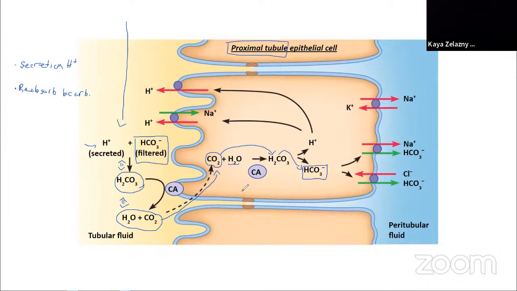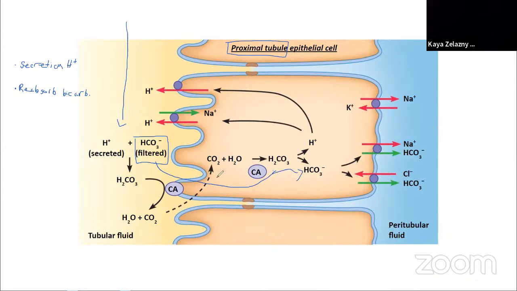So this is a really circuitous process, ultimately, of just reabsorbing that bicarbonate. We did some conversion to get it across the cell membrane, but really what we did was we sucked that bicarbonate into the cell.